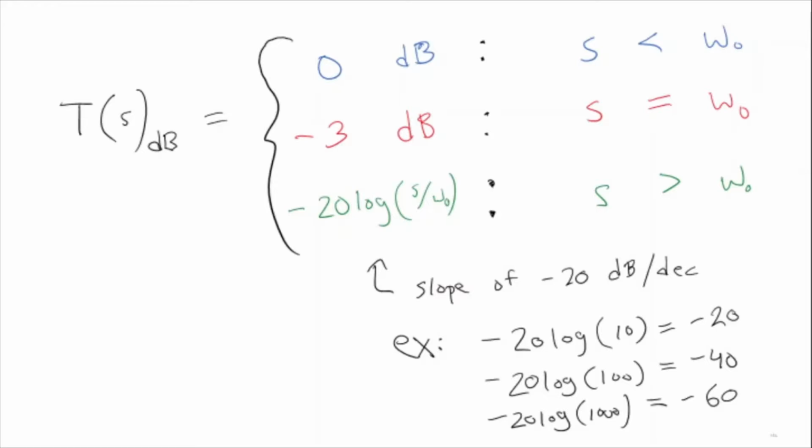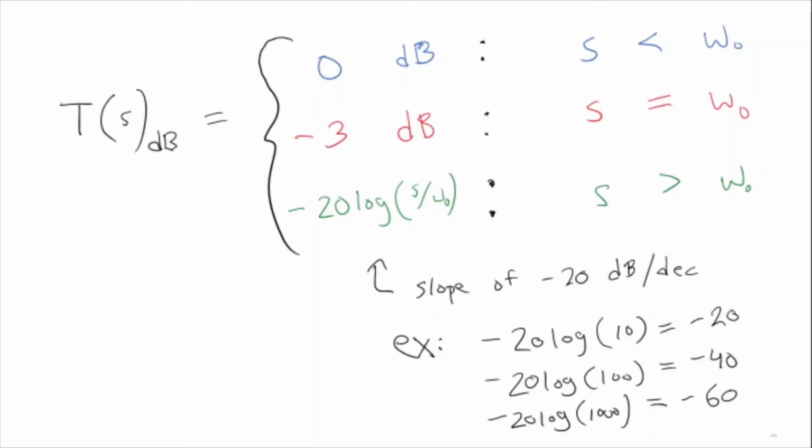And when s is much bigger than omega naught, our transfer function will approximate to negative 20 log of s over omega naught, because the plus 1 under the square root sign will become obsolete. It is important to understand that after the break frequency, the gain will decrease by 20 decibels per decade.